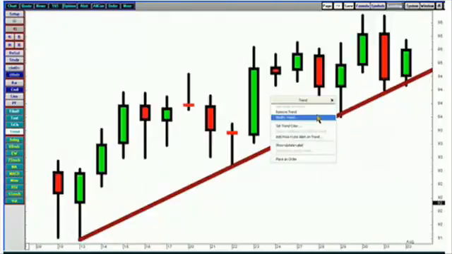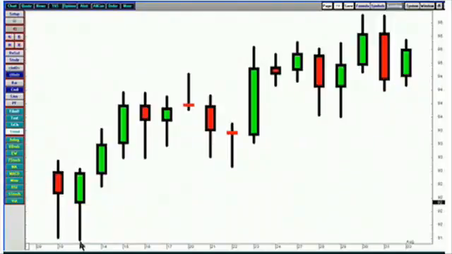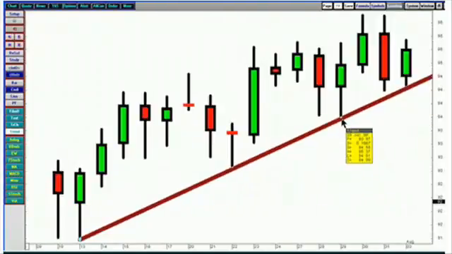So in this case I would have to redraw it like so, and you can clearly see here that the trend line is touched at this point and that point and that point. So we have 4 intersection points with the trend line, and in the case of an uptrend it needs to be drawn below the price data.